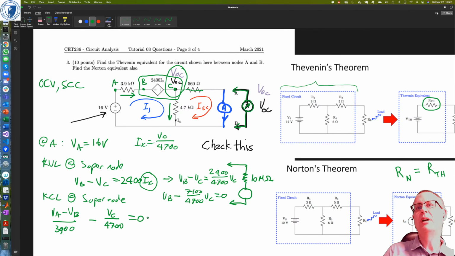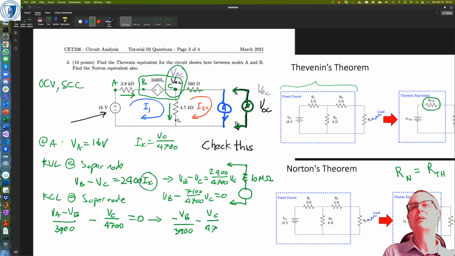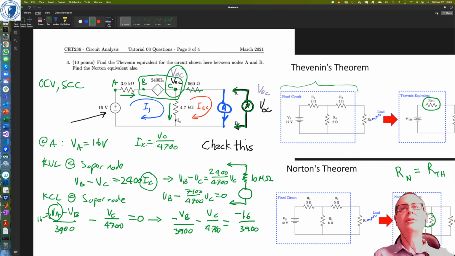And in this one we can use our 16 volts, so we've got minus VB on 3900 minus VC on 4700 equals minus 16 on 3900, just by substituting 16 volts into what VA is.